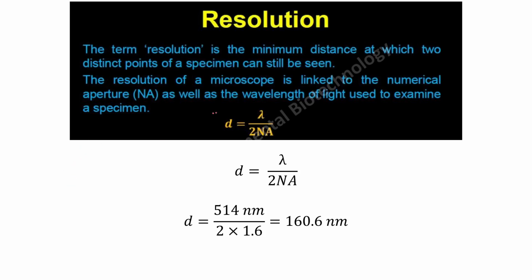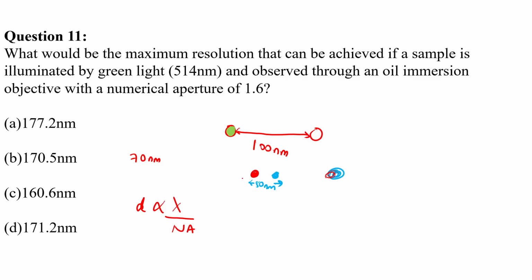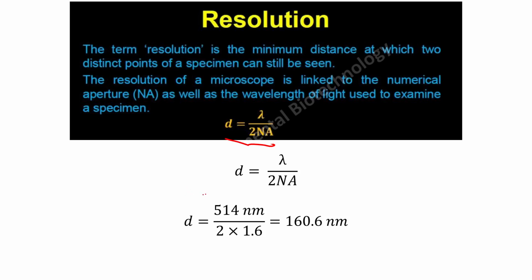Resolution of a microscope is linked to the numerical aperture as well as the wavelength of the light used to examine the specimen, as I have mentioned. So this is the formula that is used. Now we have the values, so solving this question is very easy. You have the values, you have the formula, just put it in the formula and you can get the answer. So d is equal to lambda divided by 2 times numerical aperture. Lambda is given as 514 nanometer and numerical aperture is given as 1.6.